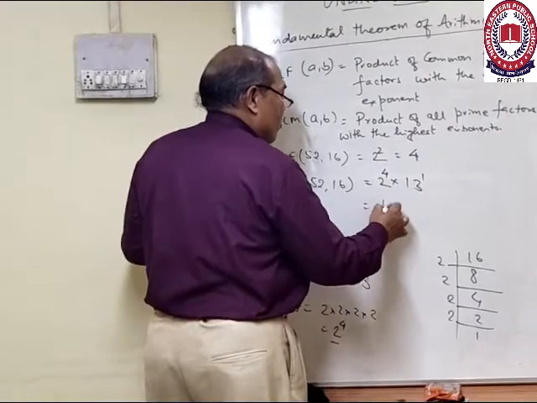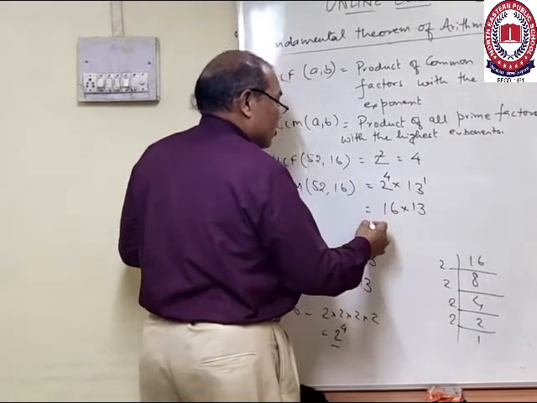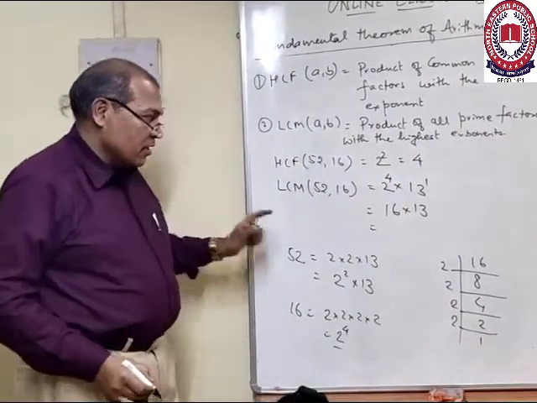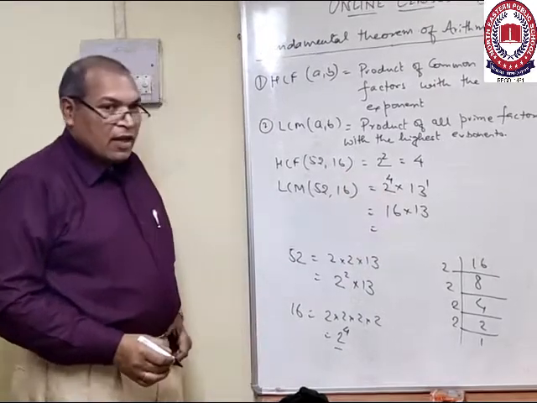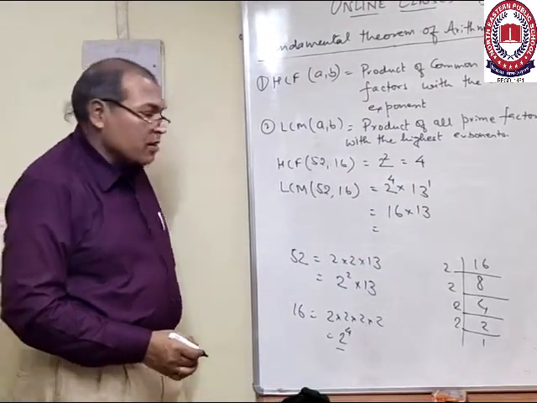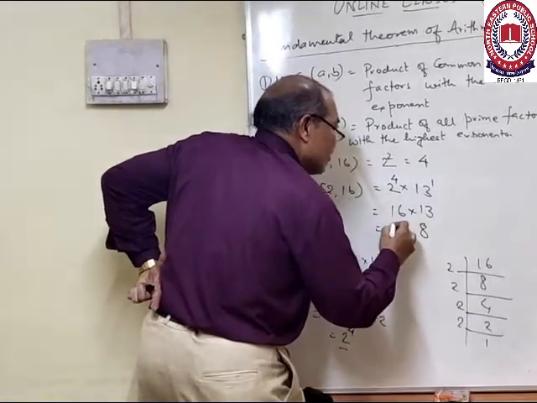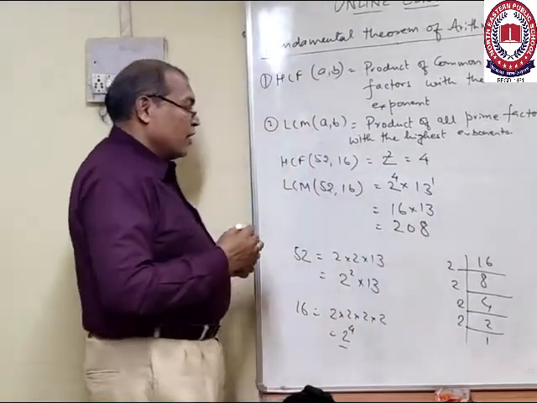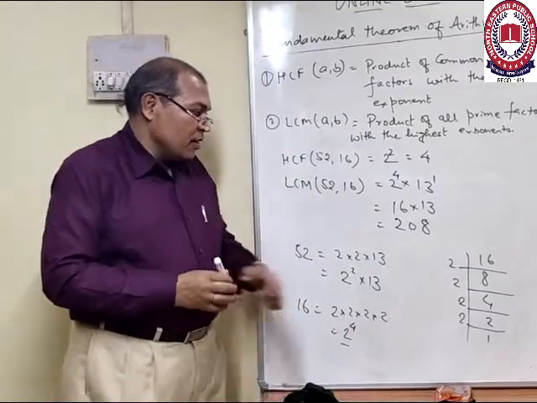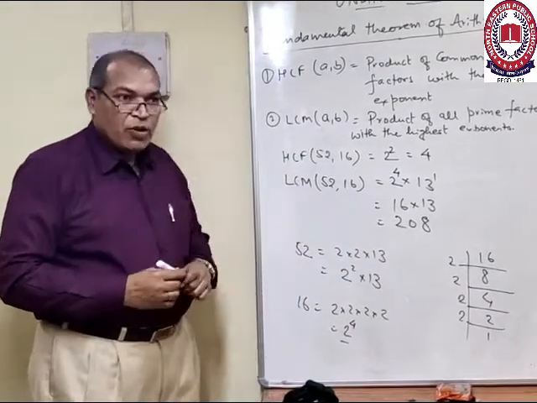So 2 power 4 means 16 into 13. When we get their product, we get the LCM of these two numbers, that is 208. This is the LCM of these two numbers.